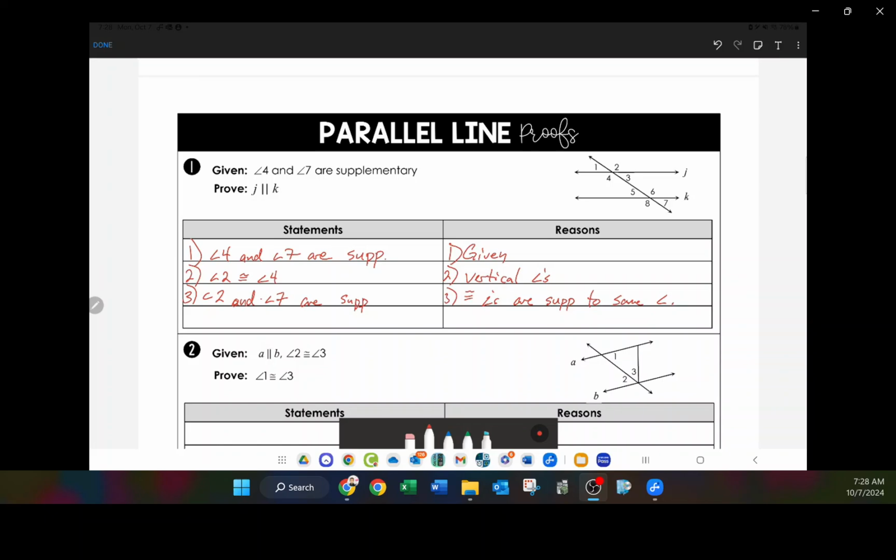Now that we know angle 2 and 7 are supplementary, we can say for 4 that J is parallel to K, because of the same side exterior angles converse. Anytime we're trying to prove lines are parallel, we're going to use that converse.